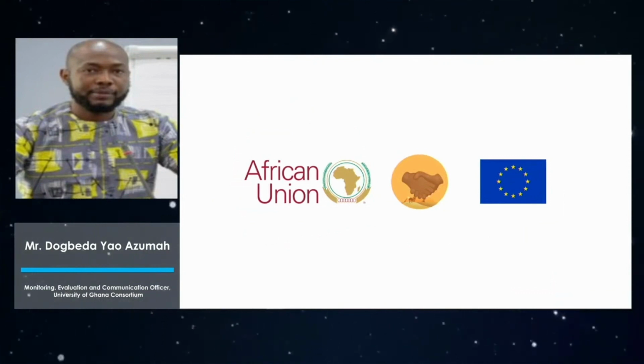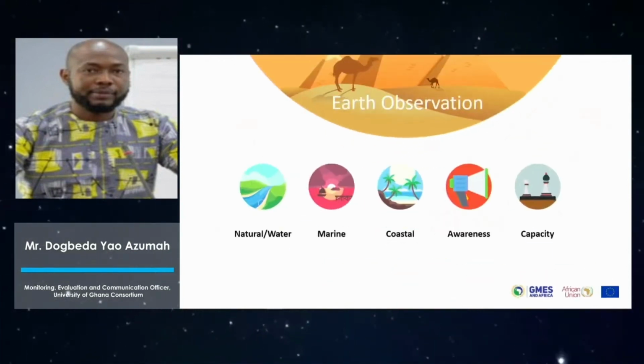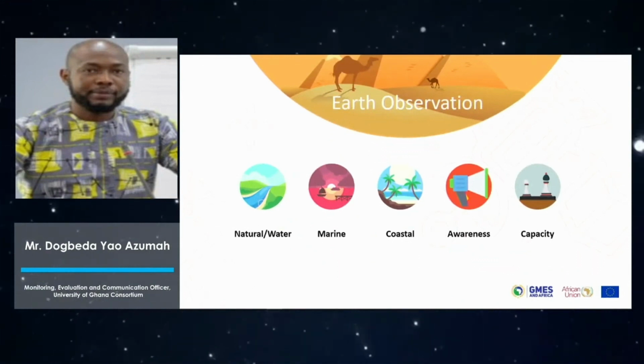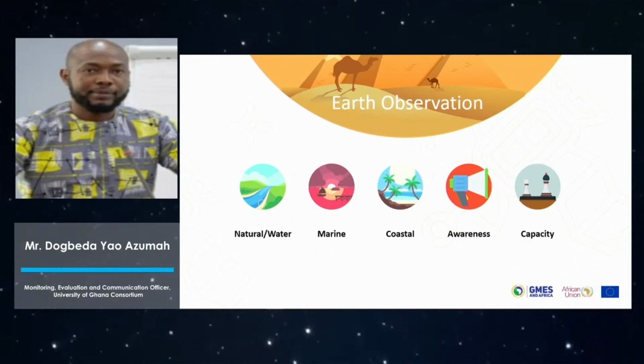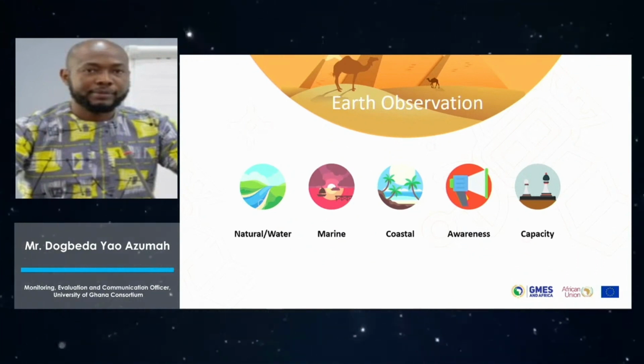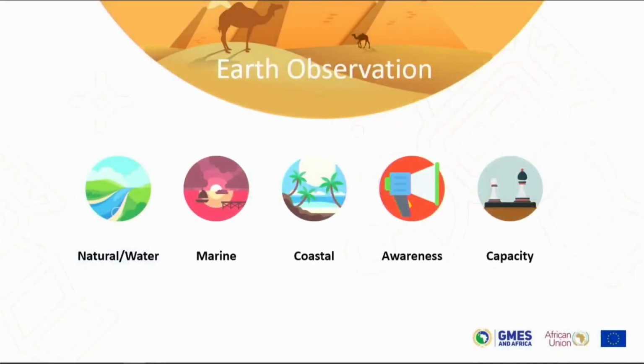We already know this, that GMES is a baby of a long-standing collaboration between African Union and European Union. It's about Earth observation, and the program is designed to develop services in the water and natural resources areas, marine areas and coastal areas, whilst building capacity in that field and creating awareness of the potential of Earth observation.